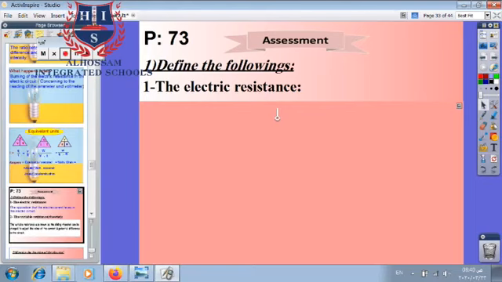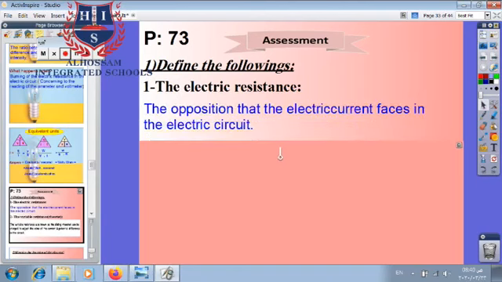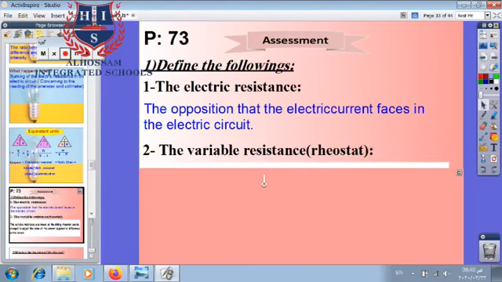The last one, work joule per Q coulomb dot R ohm. So by this way you can get the equivalent units.